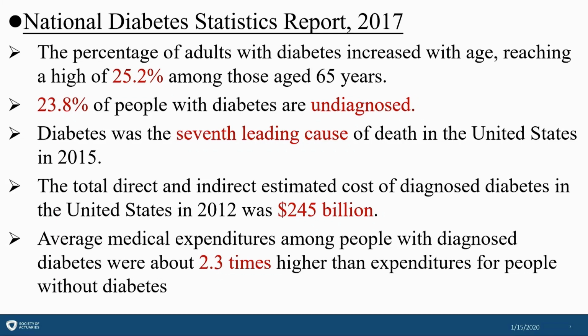Diabetes was the 7th leading cause of death in the United States. The total cost reached $245 billion. And the average medical expenditure among people with diagnosed diabetes was about 2.3 times higher than expenditure for people without diabetes.